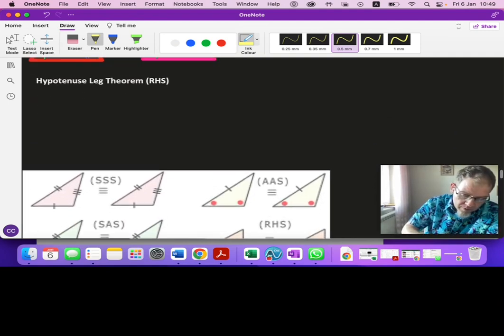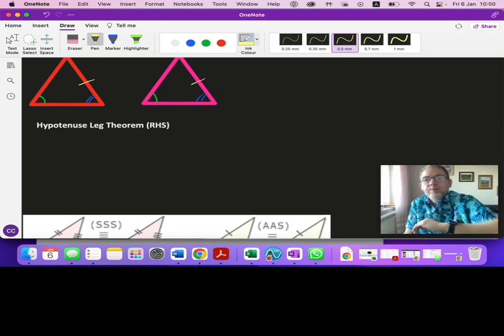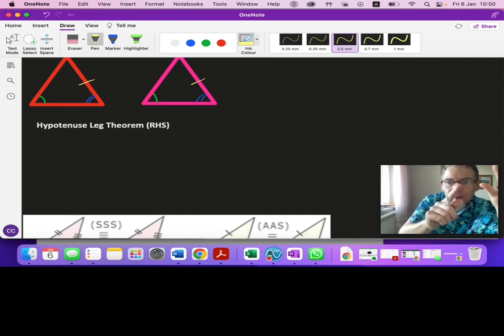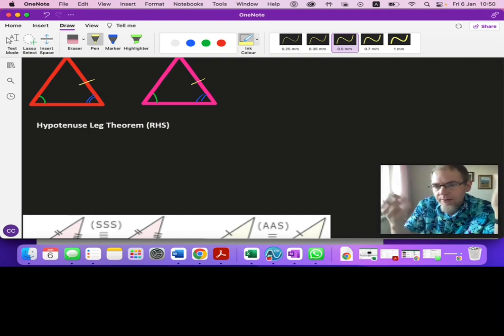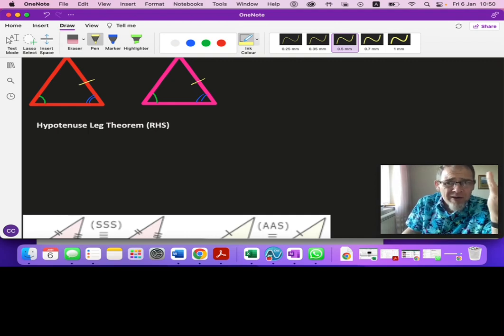And finally, we've got hypotenuse leg. Sometimes this is abbreviated as RHS, which means right triangle, hypotenuse, and side. I've always called it hypotenuse leg, RHS. There's a couple other variants. So if you call it HL or RHS, I'm more than happy.